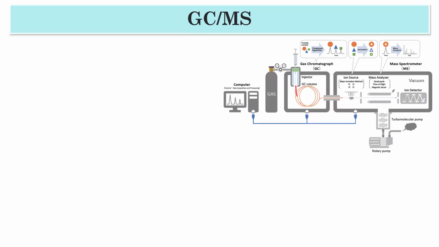This gas will help move your sample inside, and there will be a viscous stationary phase that will help, because of different polarity, in moving the different analyte molecules differently. Then you can put them in your mass spectrometer and analyze them.